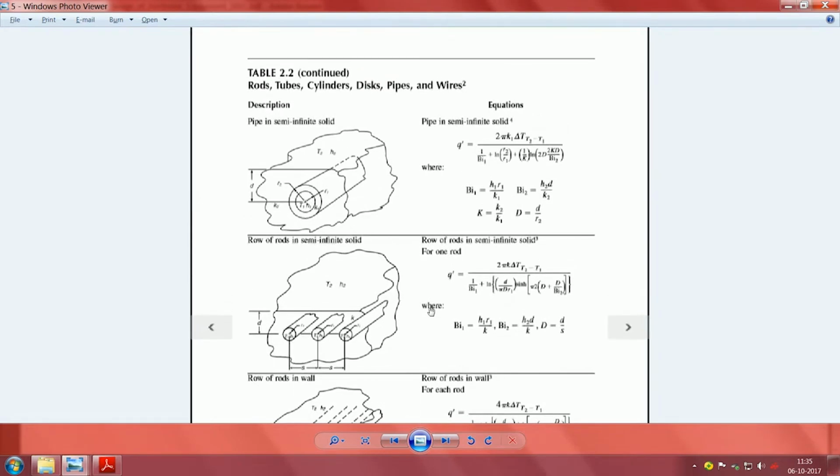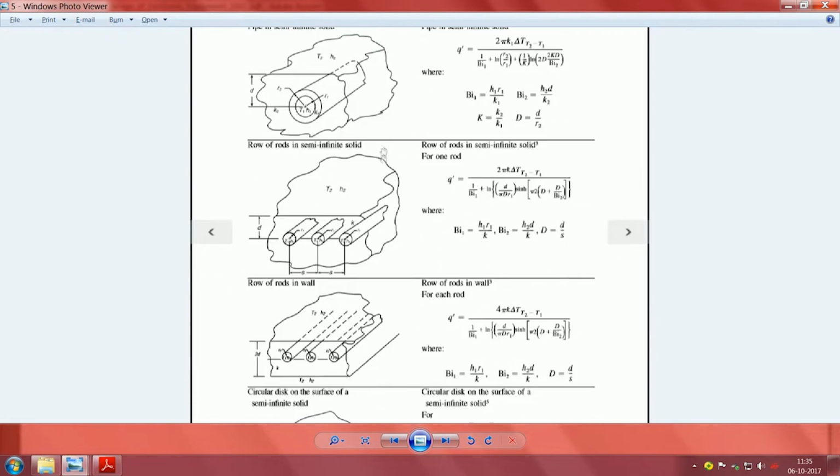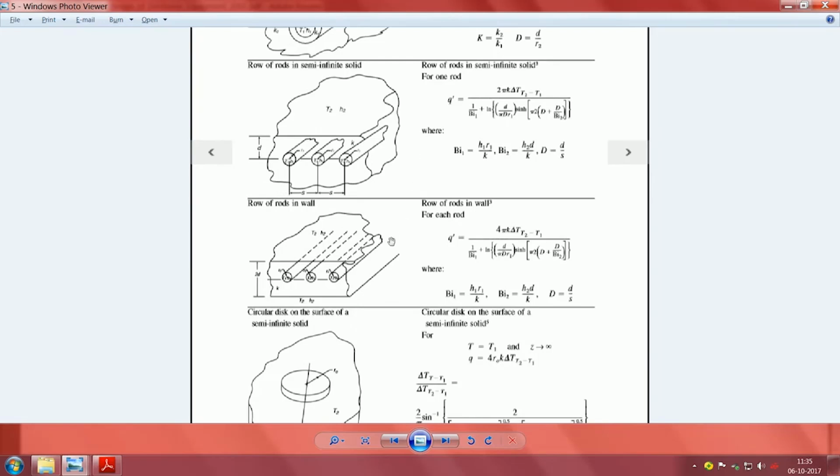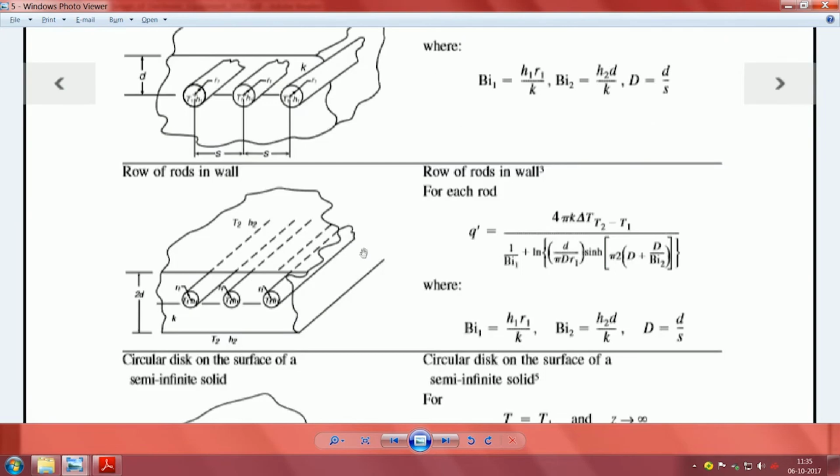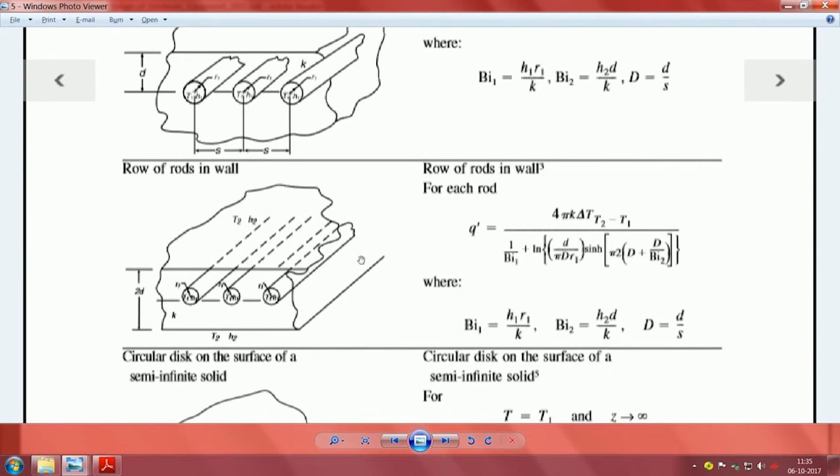So, we have here in semi-infinite solids, if the pipe is embedded, as in the case of fluid cooling, or alternatively we have a series of rods which are mounted, a row of rods in semi-infinite solids in a wall. So, the best example I can give you in your common experiences, I do not know if I have told you already, saying where does such a thing occur.